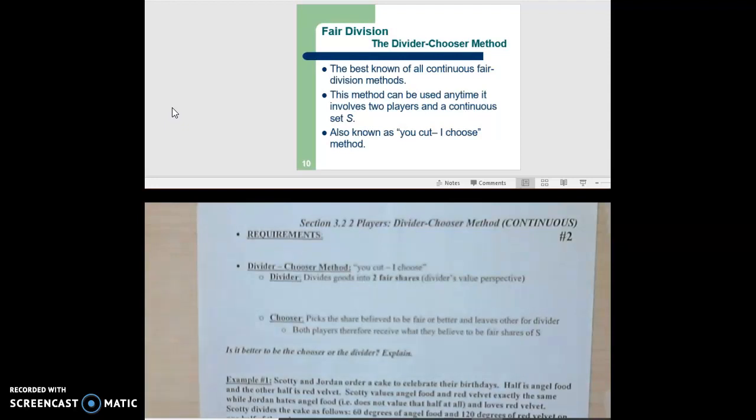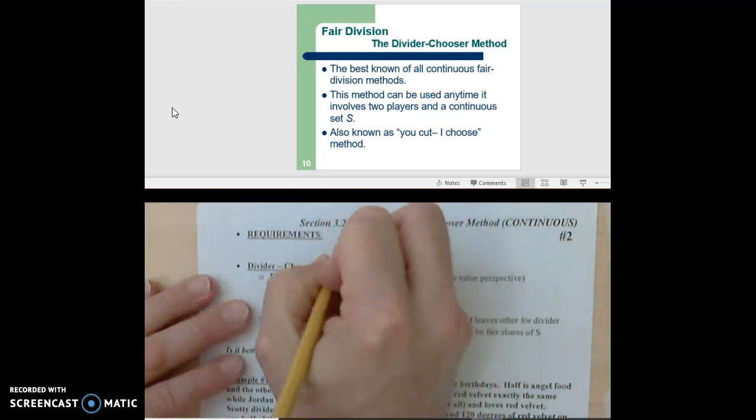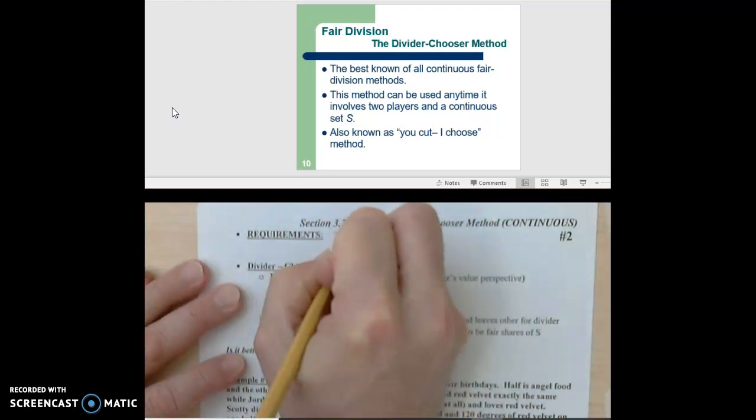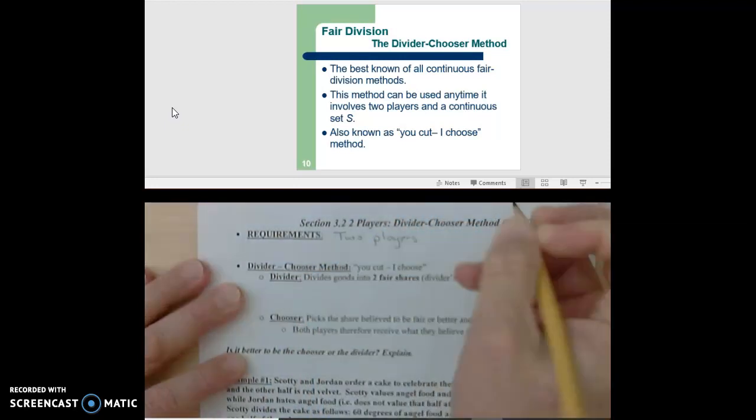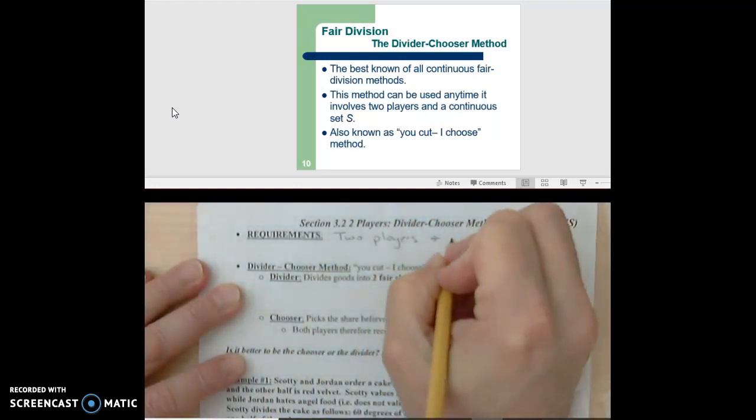The only big requirement here, as you can see in the PowerPoint, is that this method can be used anytime it involves two players and a continuous set. So what is my requirement here?